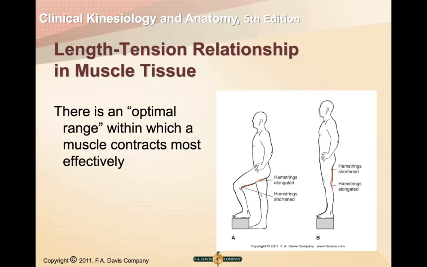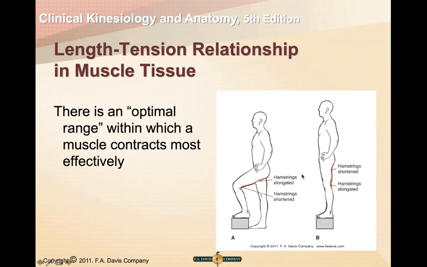So let's look at this example. Look at picture A. Let's say this man puts his foot up on a step and then just stands there and doesn't move. He just balances there with one foot up on the step and one foot on the ground.